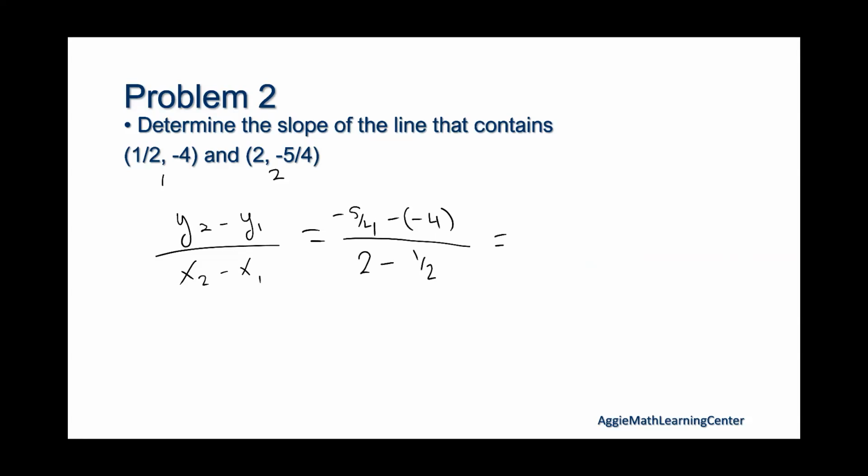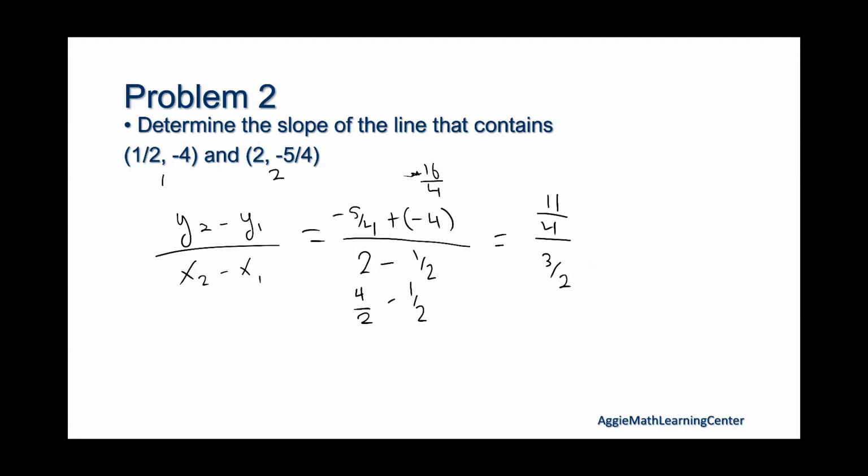So if we convert negative 4 to fourths, that's going to be negative 16/4. And we're subtracting a negative, so really we could say we're adding. So now we have negative 5/4 plus 16/4, so that's going to give us 11/4 in our numerator. If you convert 2 to halves, you're going to get 4/2 minus 1/2. That's going to give us 3/2 as our denominator.